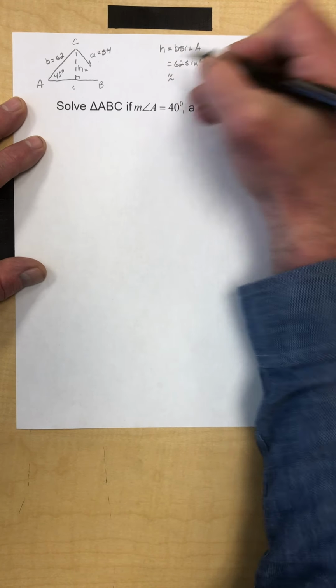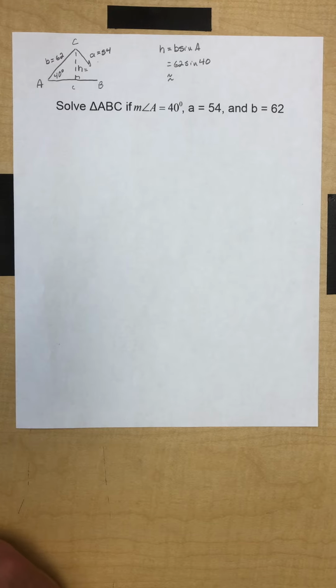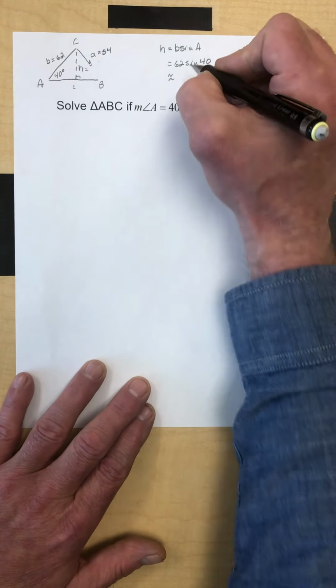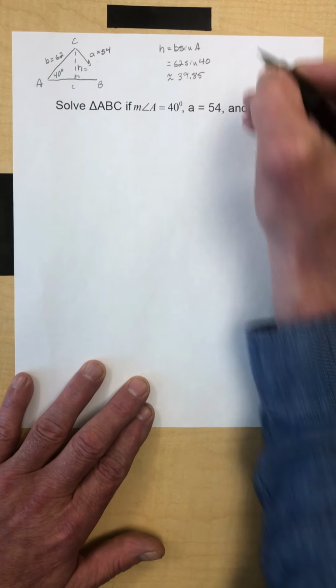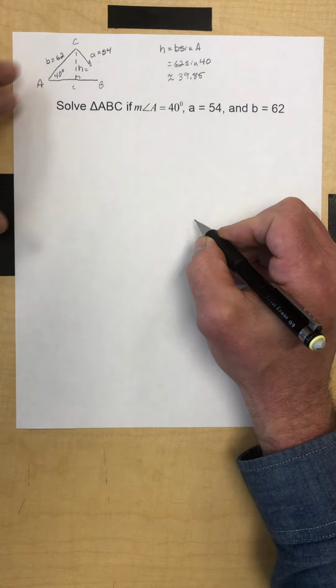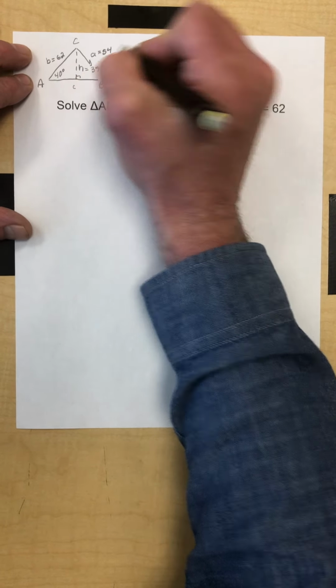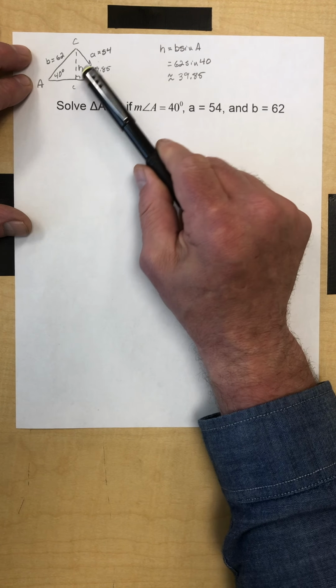So we go to our calculator, and we go 62 times the sine of 40, and I'm getting 39.85. So notice that A is greater than H.